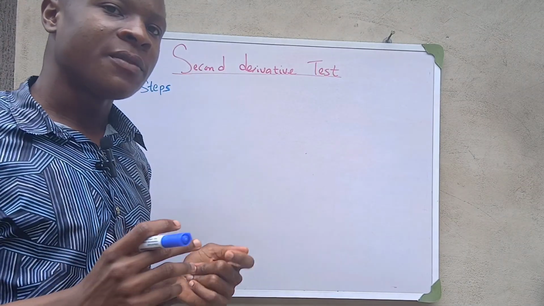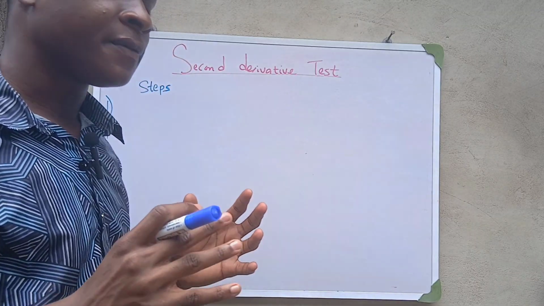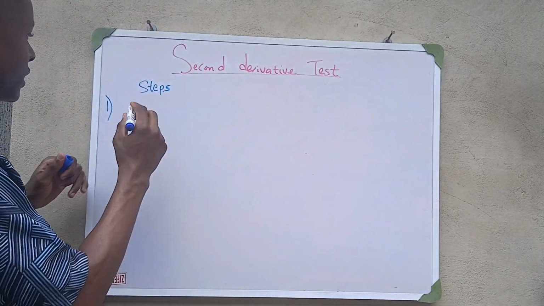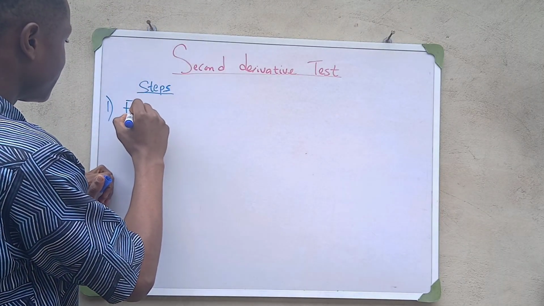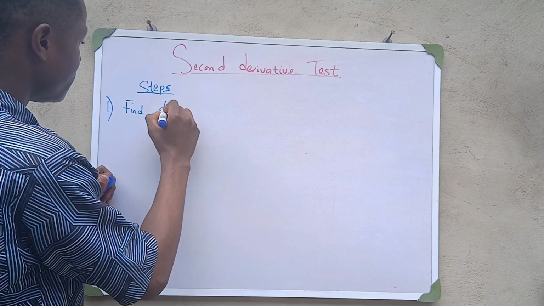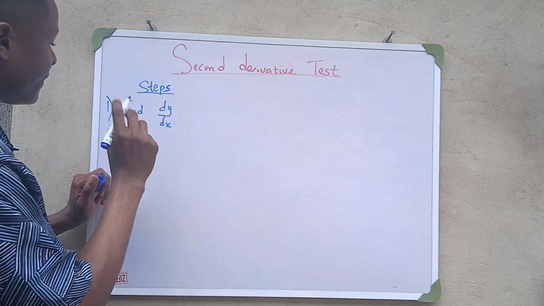The first step to solving the second derivative test is to find the derivative of the function, dy/dx. That's the first step.